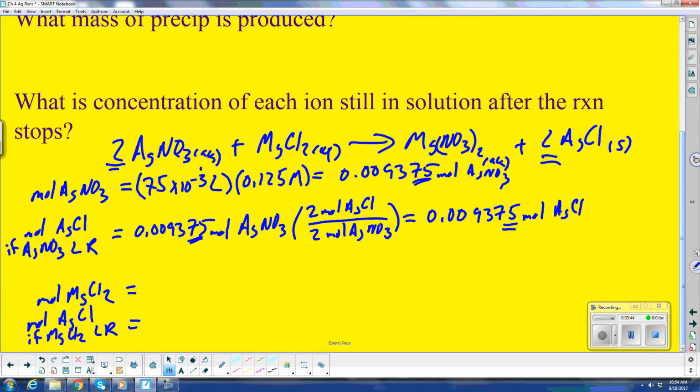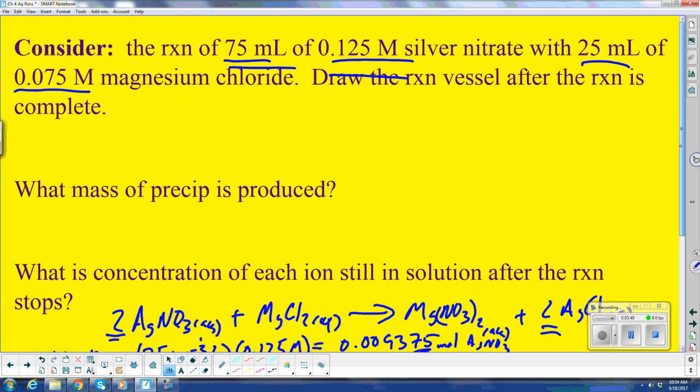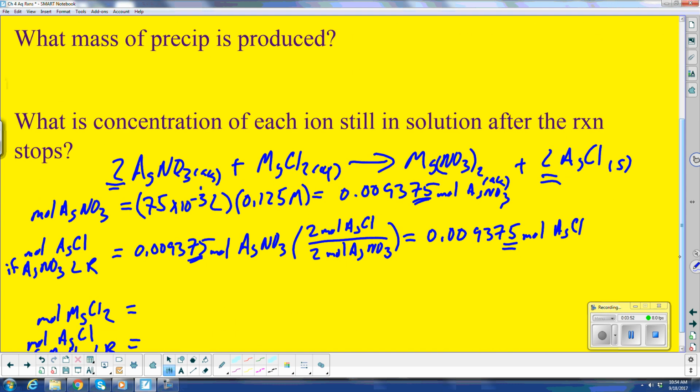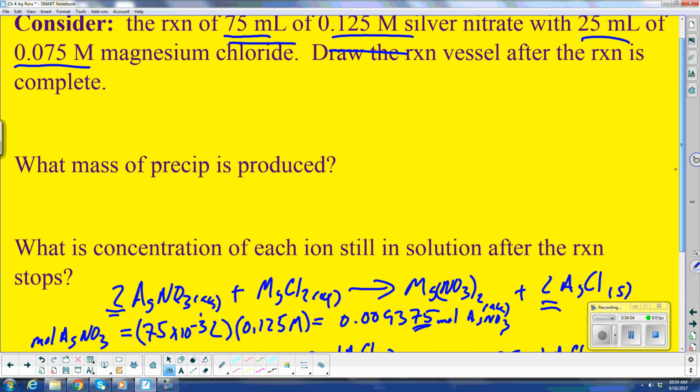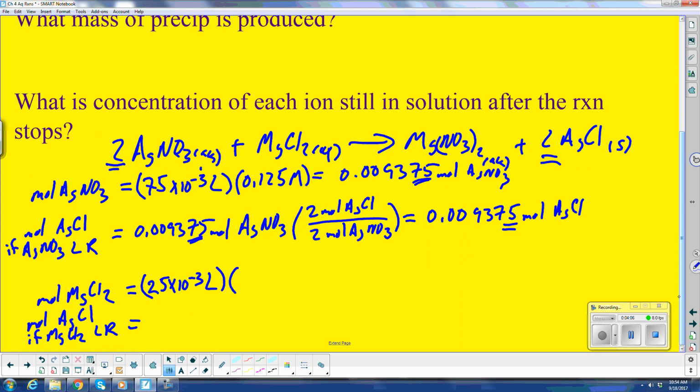Now let's do the same thing with my magnesium chloride. I have how much magnesium chloride? 25 mils. So 25 times 10 to the minus 3 liters times its molarity. What was the molarity? 0.075 molar.